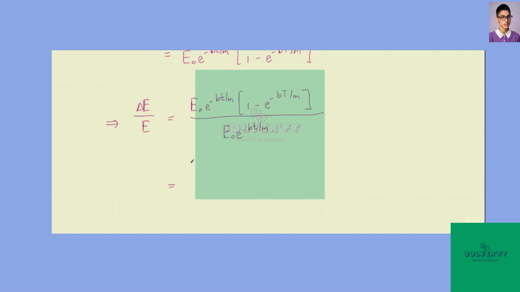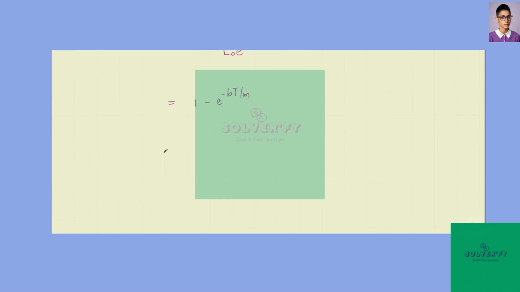So we can see that this simply becomes 1 minus e to the minus b capital T over m, which we can write as an approximation of 1 minus 1 minus bT over m, which is simply bT over m.